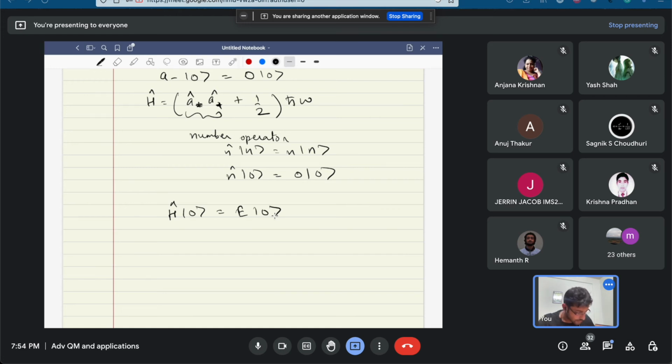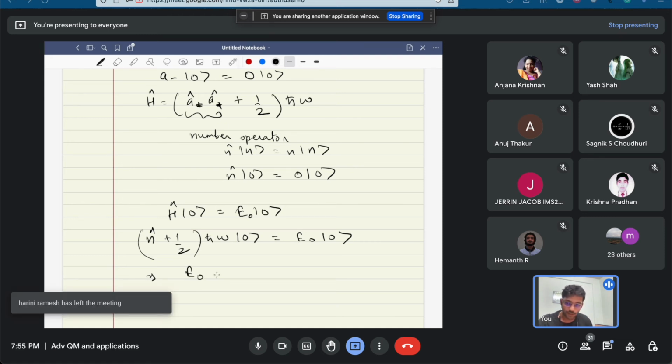So when you put n plus half h bar omega acting on 0, you have E naught, and from there you can easily calculate that n operating on 0 gives 0, and half remains as it is.